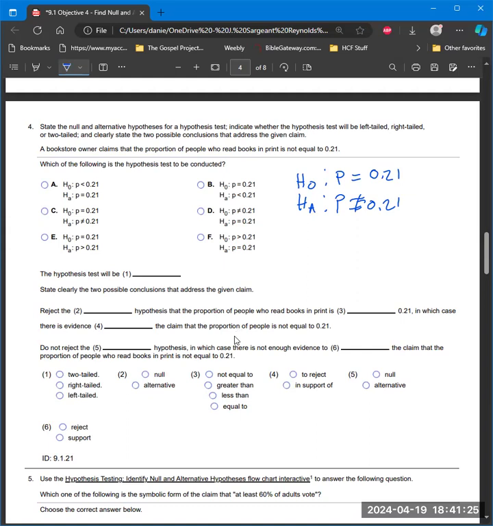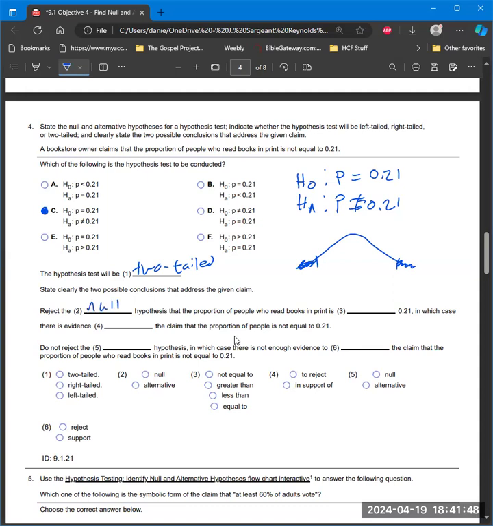So that is this one. And this is going to be two-tailed because the not equal to situation has a rejection region in the right and in the left. You reject if it's too big or too small.